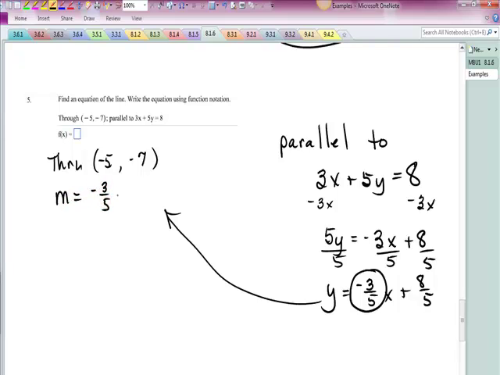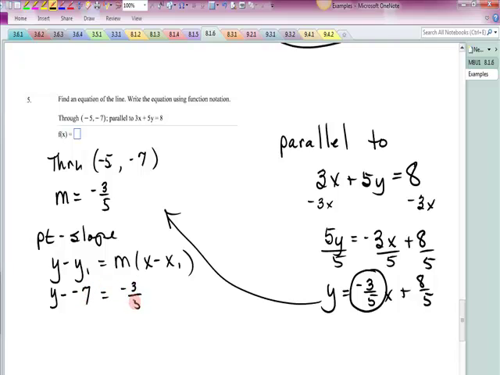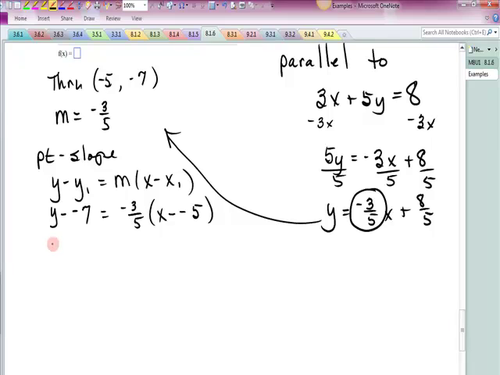So I have a point, I have the slope, point-slope. y minus y1 is equal to m times x minus x1. That's going to be y minus negative 7 is equal to negative 3/5 times x minus negative 5. That's going to be y plus 7 is equal to negative 3/5 times x plus 5.